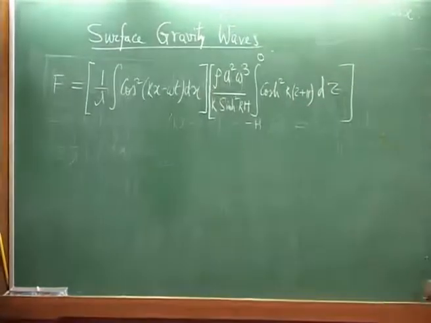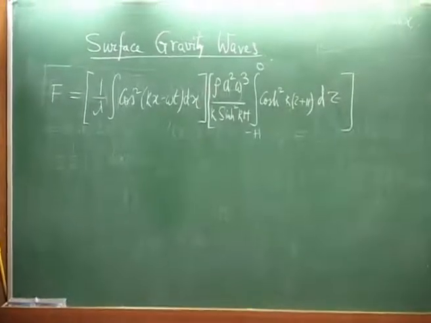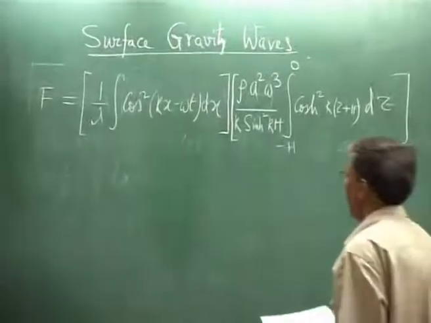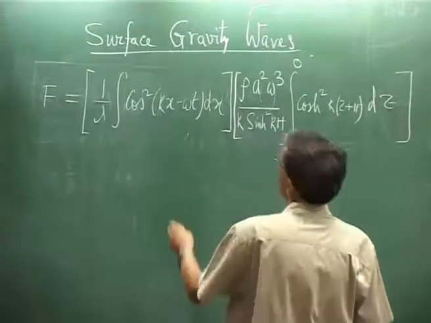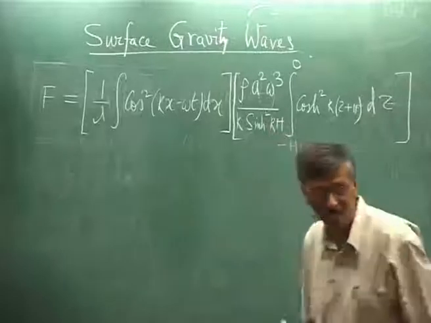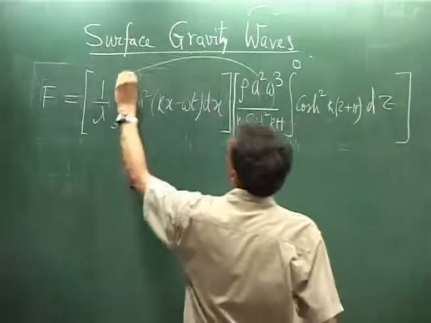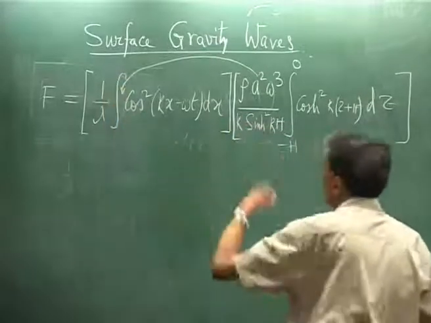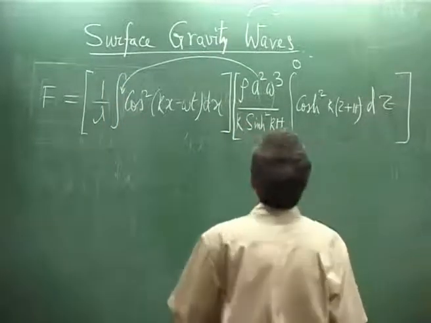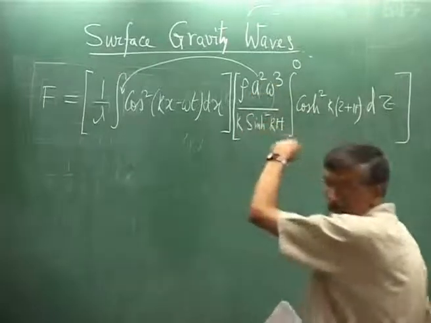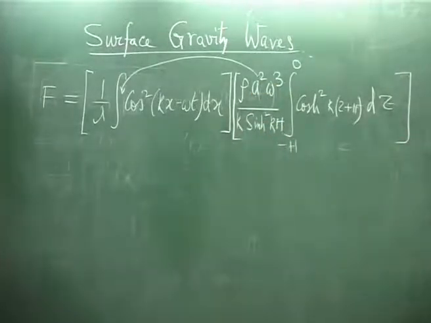I have decoupled the x and z integrals, and once again you can figure out that the x integral will be half. Bringing a square here gives a square by 2, and you have rho, and in place of omega cube I can use the dispersion relation.